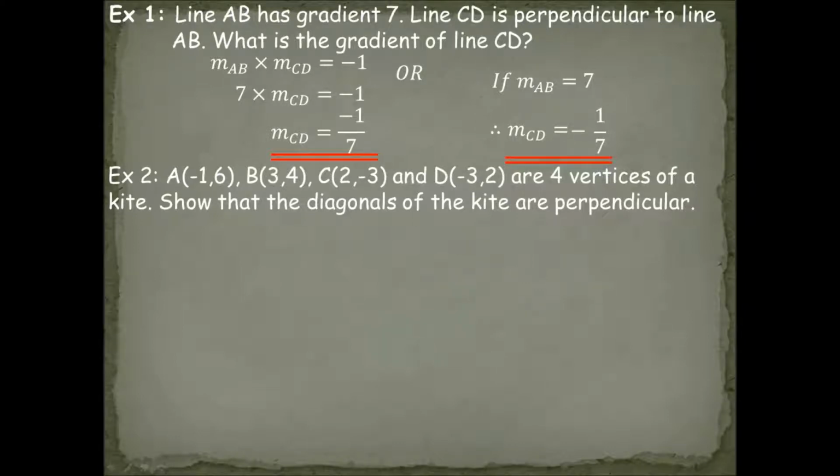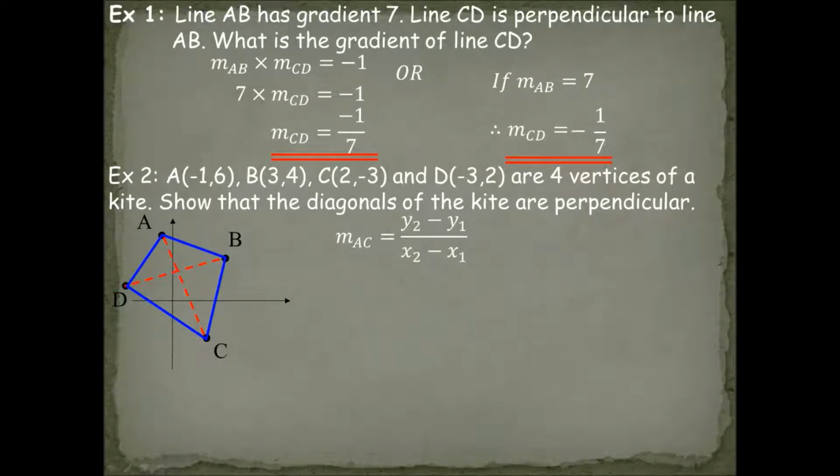For example 2, I need to show, from the four vertices of a kite, that the diagonals of the kite are perpendicular. Again, if a diagram's not given, draw it so you get an idea. The diagonals of the kite are AC and DB, so I've got to prove they're perpendicular. If I can find their gradients and prove the gradients are perpendicular, that will be the proof needed. So finding AC using the coordinates given, I find that it's got a gradient of -3, as expected from my diagram.